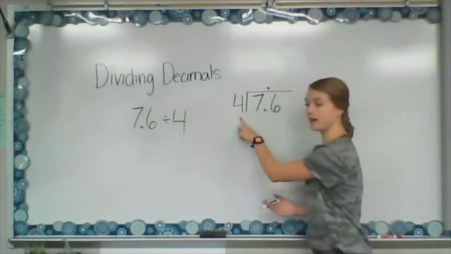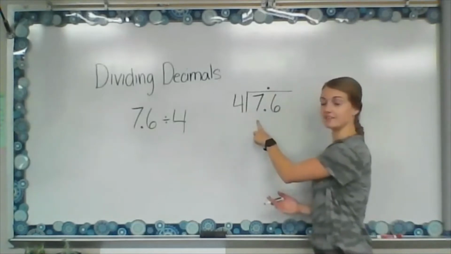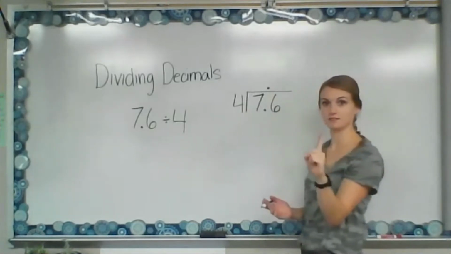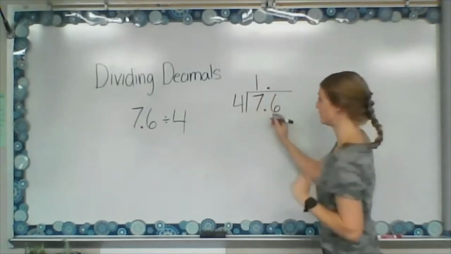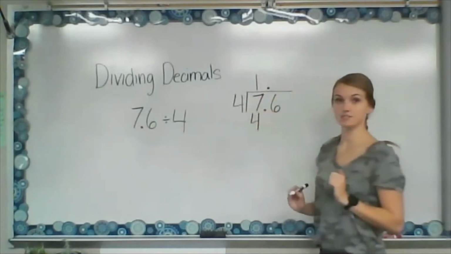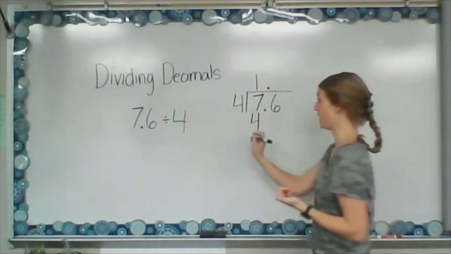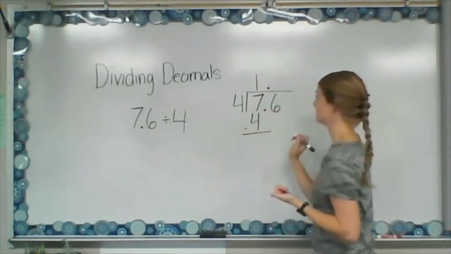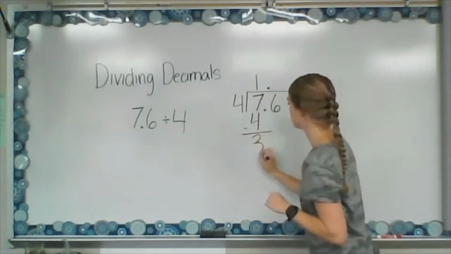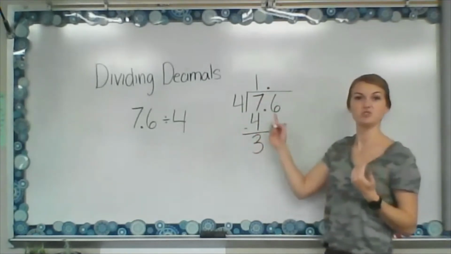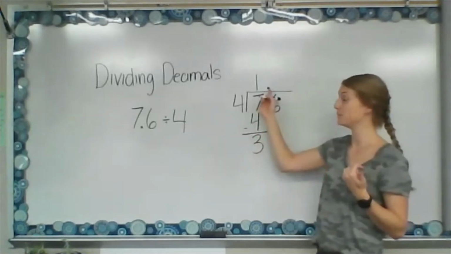Okay? So how many times does 4 go into 7? Once, right? So I put the 1 right here. 1 times 4 is 4. And then I'm going to subtract. 7 minus 4 is 3. I do not have to worry about that decimal because I already put it up top.